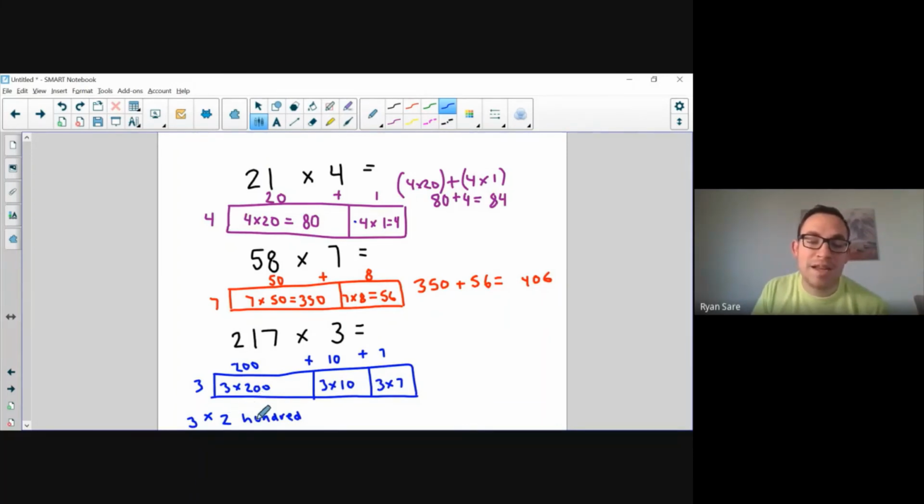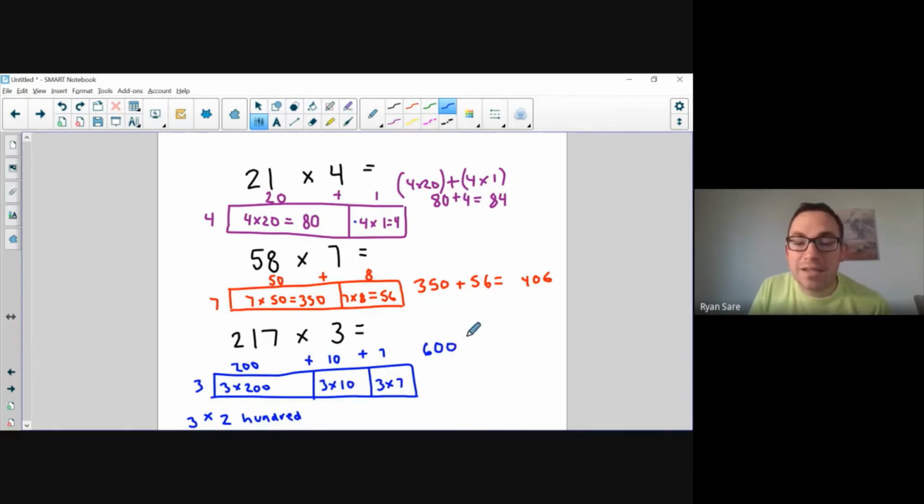But then it has an extra value of these are hundreds. And so 3 times 2 is 6, so it's 600, and then we're just going to write it out in its normal form instead of writing it as 600. We're going to write it as 600. So that was the first part.